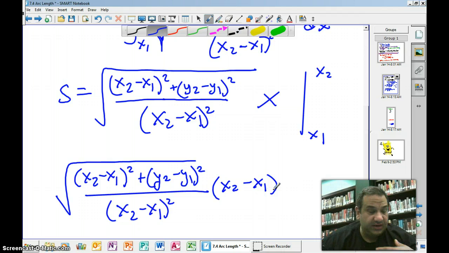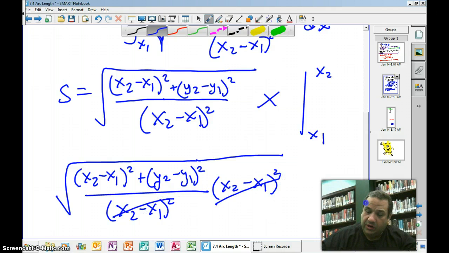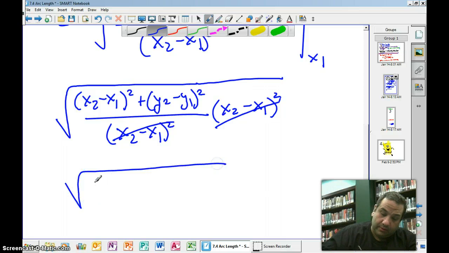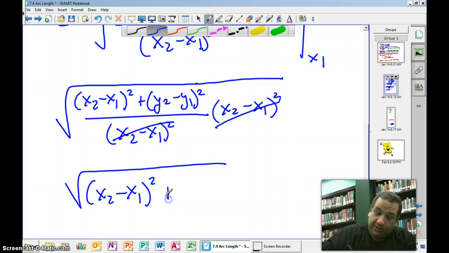Well, if I put this guy in the radical, you ready? Don't blink. If I put it in the radical, it becomes squared. And now these two will go out. And do you recognize this formula? You better recognize this formula.